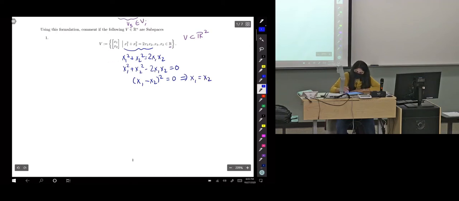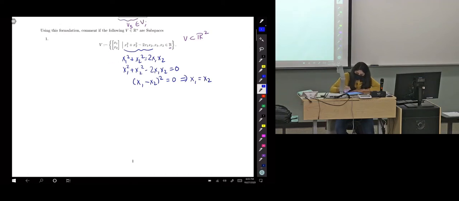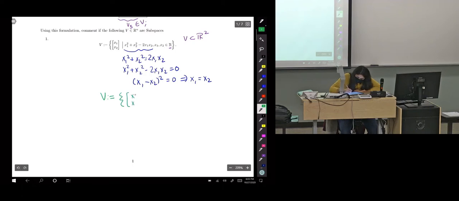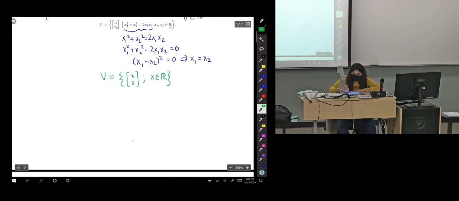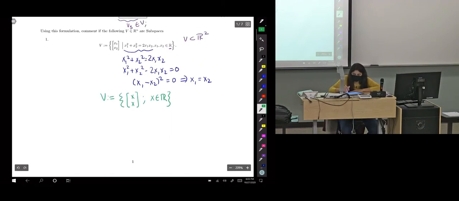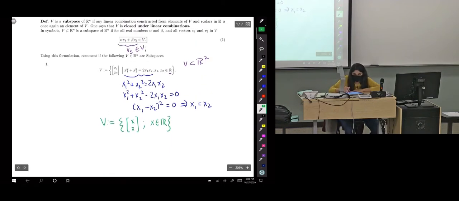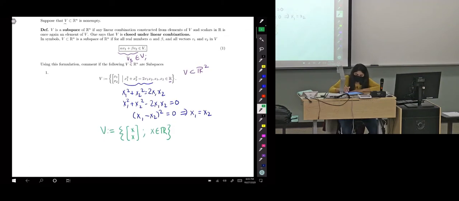So basically, this definition of V, we can rewrite as V is a subset of R2 such that each element in V has two equal entries, x and x, where x belongs to R. So now that we've simplified it, we need to check if V is indeed a subspace.